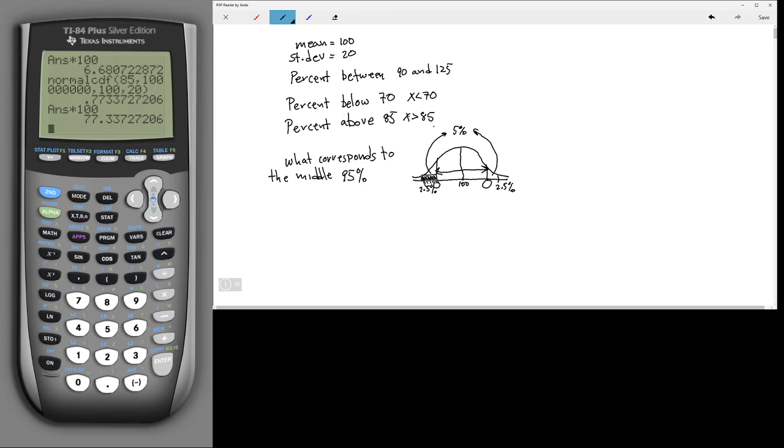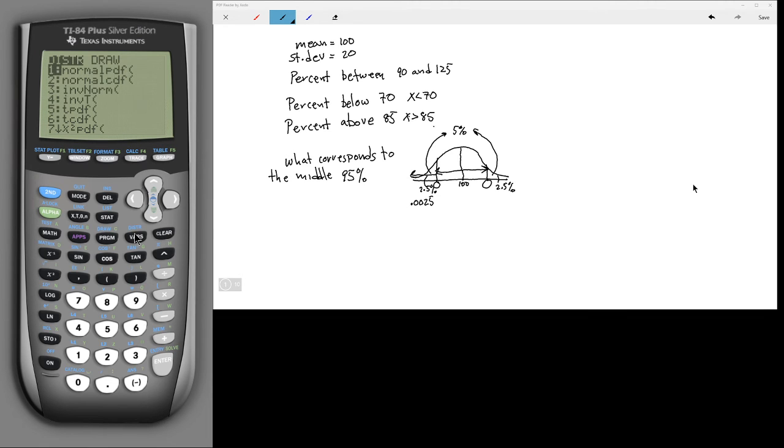So for this side, we're looking for that. So that would be 2.5% or 0.0025.